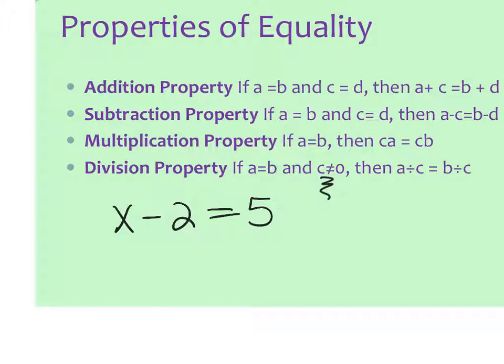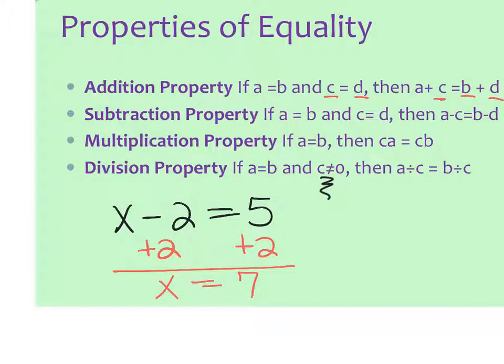When we go to solve this subtraction equation, we are using the addition property of equality. We would be adding the same number, and that's going to be my C and D that I'm adding to both sides, and that would give me still an equivalent equation.